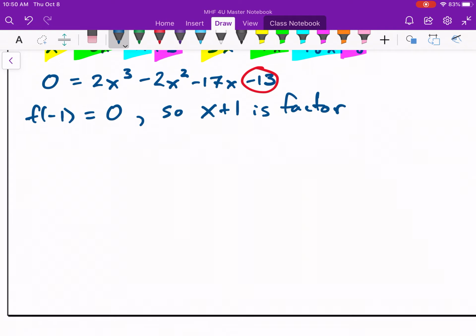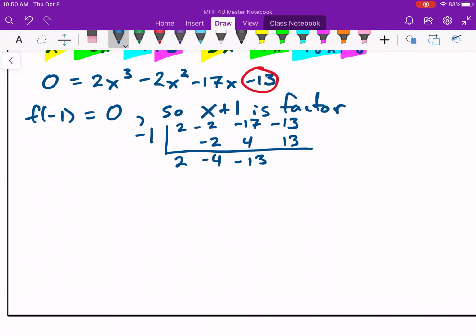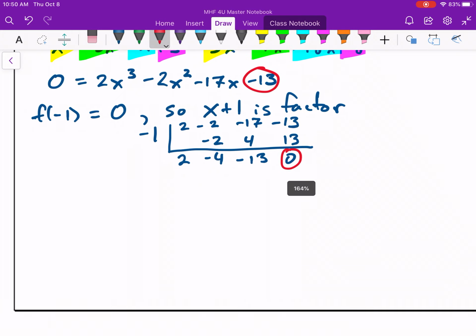We've done this before, so maybe we'll go to the synthetic division. And I'll try to do it small to conserve space. And I'll get my coefficients. So I have 2, negative 2, negative 17, and negative 13. And do my synthetic division the way we've been doing it a bunch of times up to now. And I got a 0 remainder, which is good because that confirms that it's a factor.